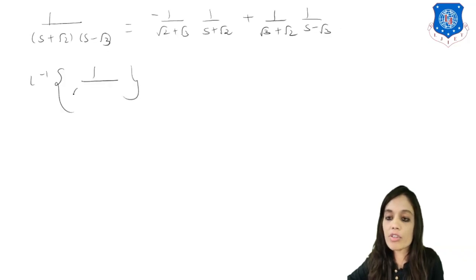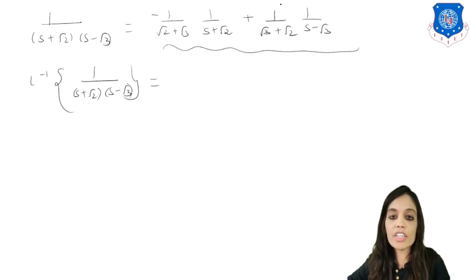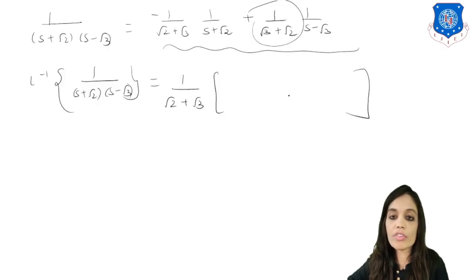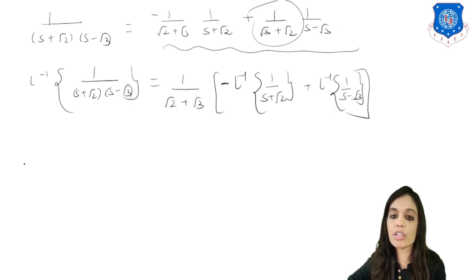So Laplace inverse of 1 upon s plus root 2 into s minus root 3 will be, from both of these I will take out this common, that is 1 upon root 2 plus root 3. So inside what will remain? Minus Laplace inverse of 1 upon s plus root 2 plus Laplace inverse of 1 upon s minus root 3. Fine.